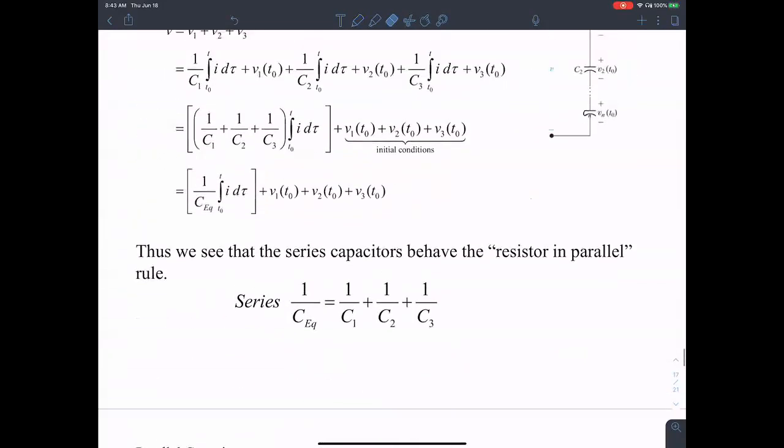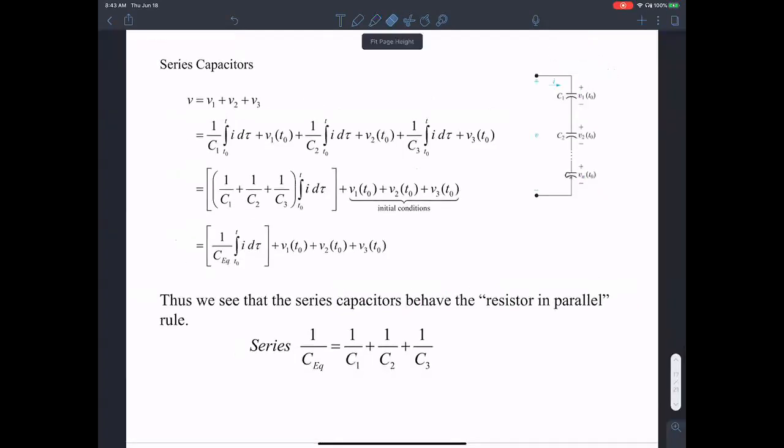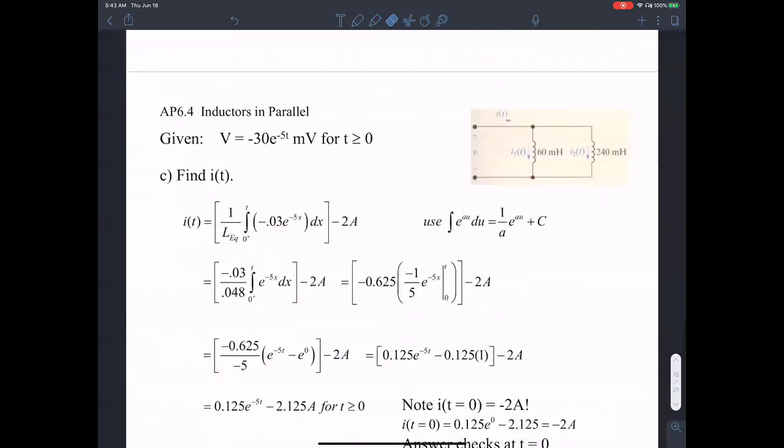And by the same analogy, when you connect capacitances in series like so, the reciprocal of the equivalent capacitance is going to be the sum of reciprocals of the individual capacitors. So series capacitors behave like parallel resistances. That's all there is to it, and the rest is all simple mathematics.